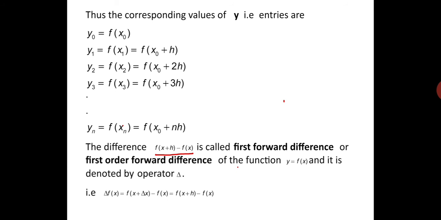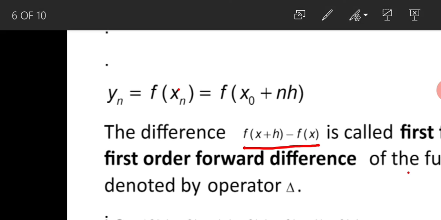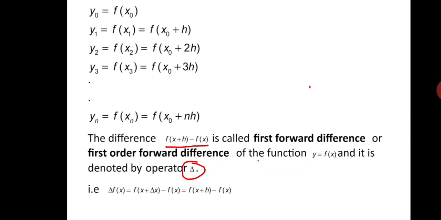That is, the difference between the two values f of x plus h minus f of x of a function, and it is denoted by delta.